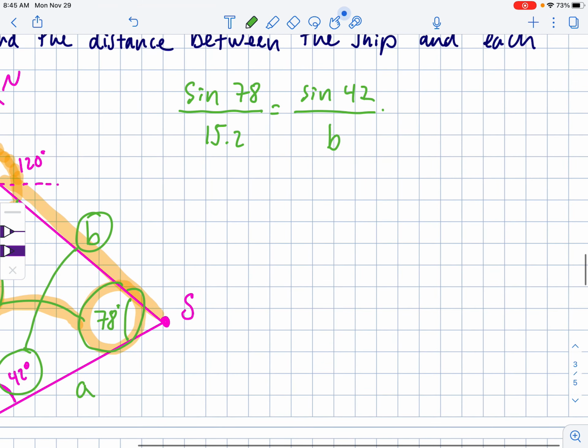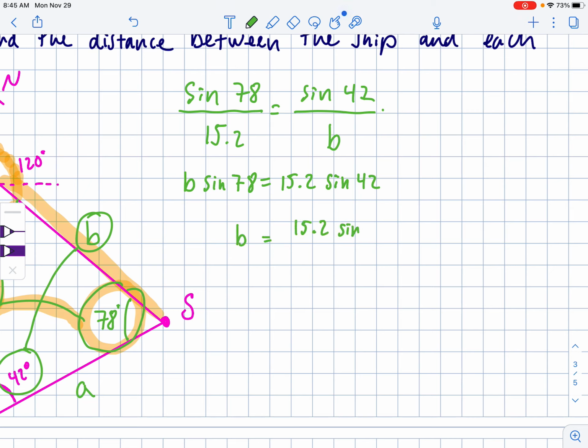Now, to be able to solve this, I'm going to cross multiply. So you get b sine 78 is equal to 15.2 sine 42. Then to get b by itself, you have to divide by sine 78. So b is equal to 15.2 sine 42 all over sine 78.